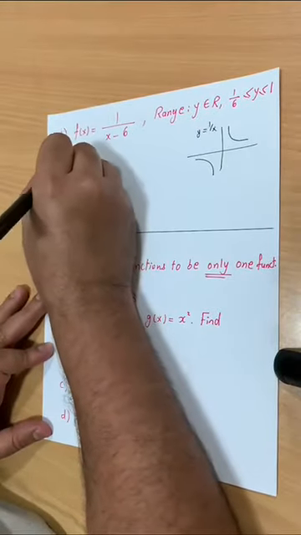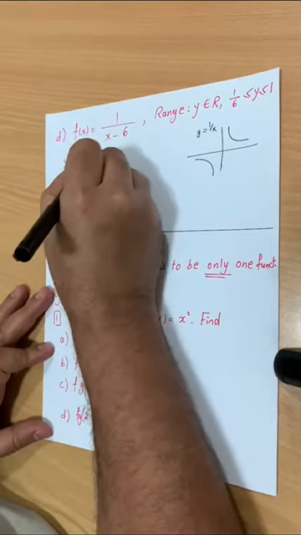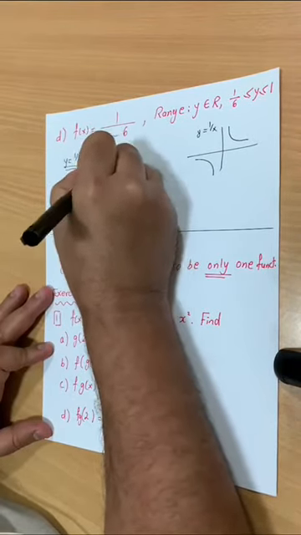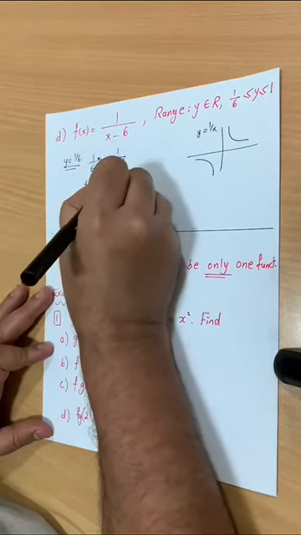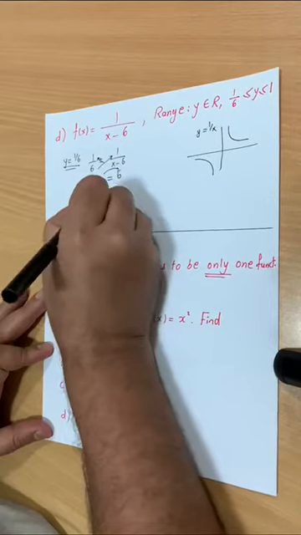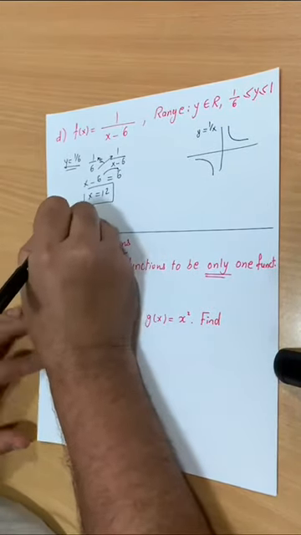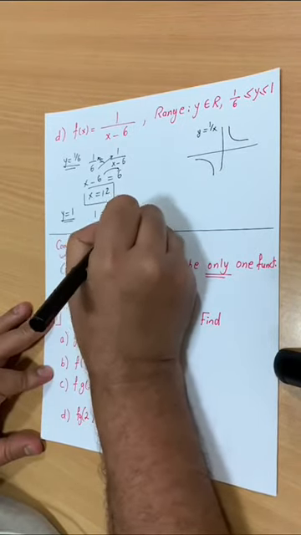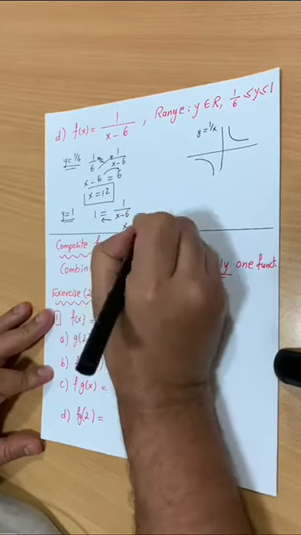So I'll use y value as 1 over 6 first. So 1 over 6 equals 1 over x minus 6. Then do cross multiplying. x minus 6 is equal to 6. Then x is equal to 12. Then use y value as 1. So 1 equals 1 over x minus 6. Then do cross multiplying. x minus 6 is equal to 1.